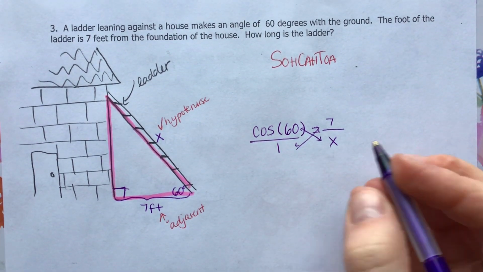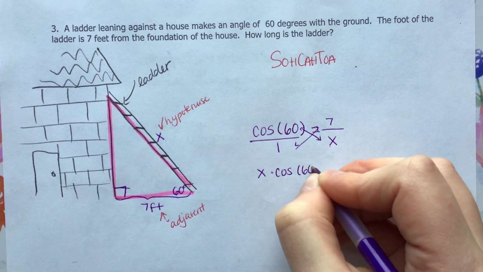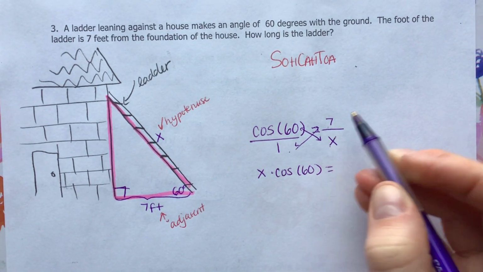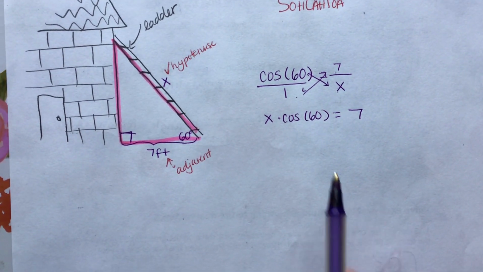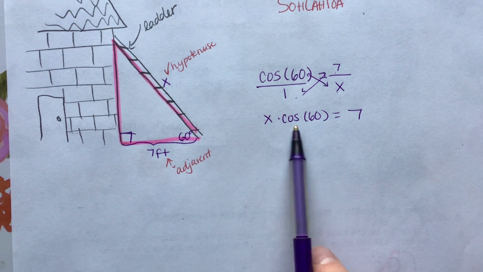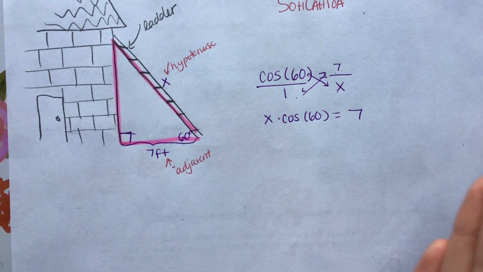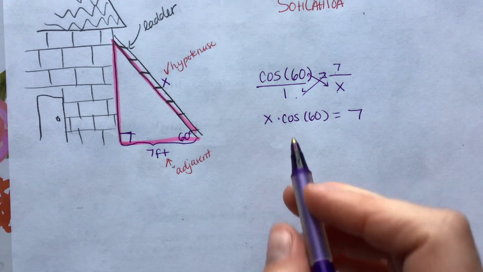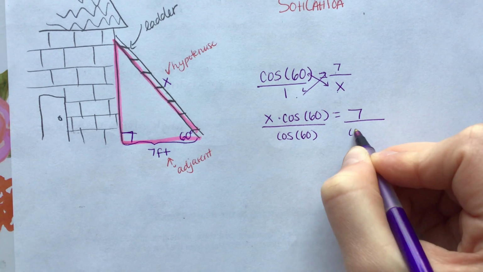So x times the cosine of 60 is just x cosine 60. 1 times 7 is just 7. And now I have to get this x isolated. Remember, the cosine of 60 is 1 unit. You cannot separate. It is its own number. Cosine and 60 go together. So I am going to divide by the cosine of 60 on both sides.